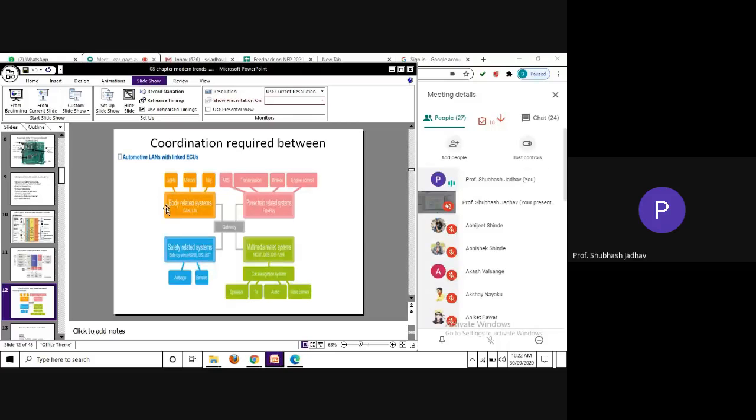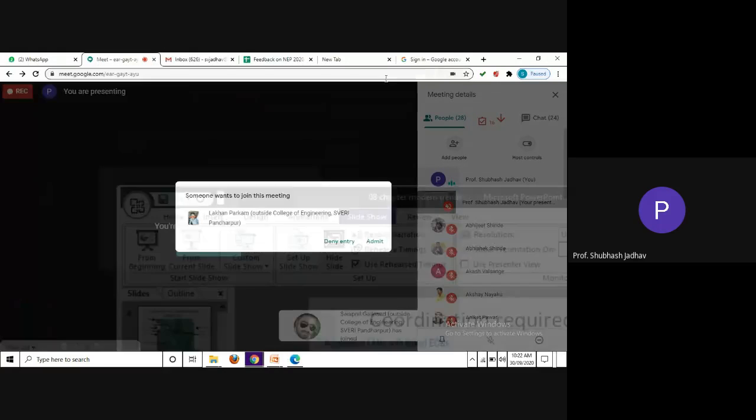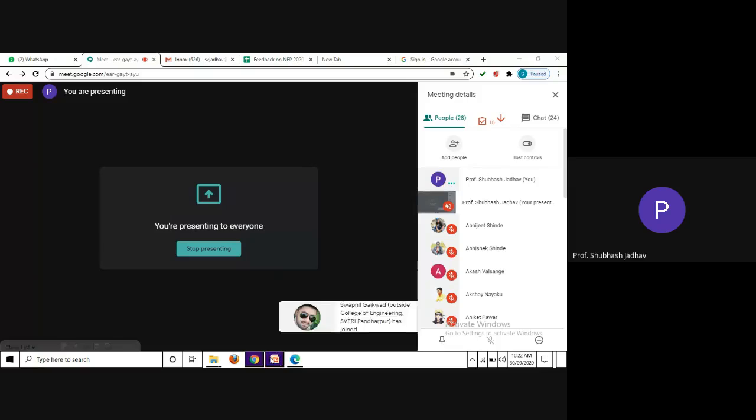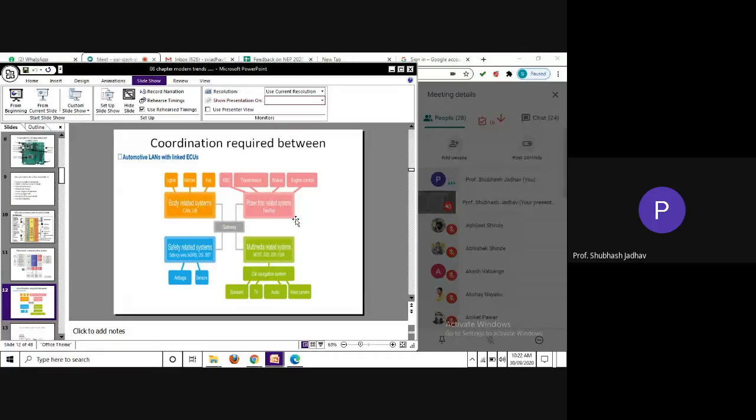For example, for body related, when you talk of lights, mirrors have to be turned, and when we give the ignition key, that has to be taken care of. All those things need to be controlled. They are related to body systems. Then there are some power related systems. In power related systems, we have the ABS, that means anti-lock braking system, then some transmission related parameters, then brake related, and engine controls like ignition.